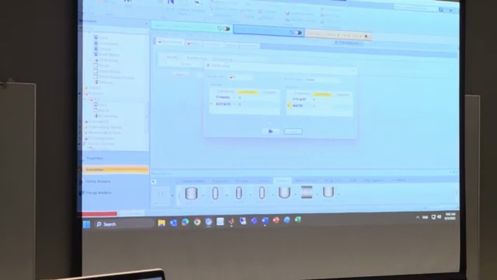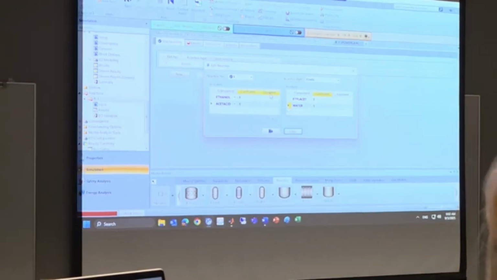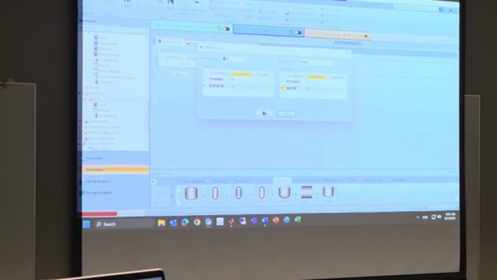Now, what do you think the exponent will be here? If you look at this window, we finished the stoichiometric coefficient, but there is also an exponent here.